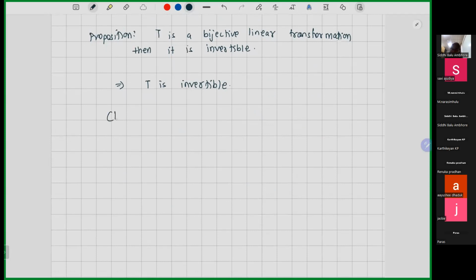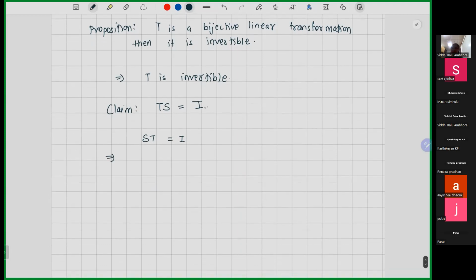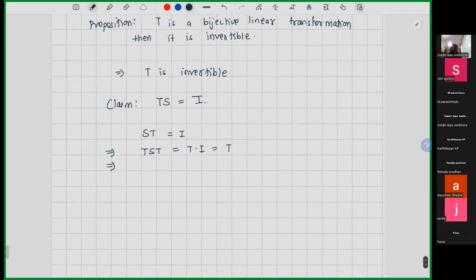What I want to claim is that TS is identity. So I want to start proving this. Let us start with ST. We are given that ST is identity. Now I will compose this ST with T and I will get T into I, which is T. Now T is invertible, right?